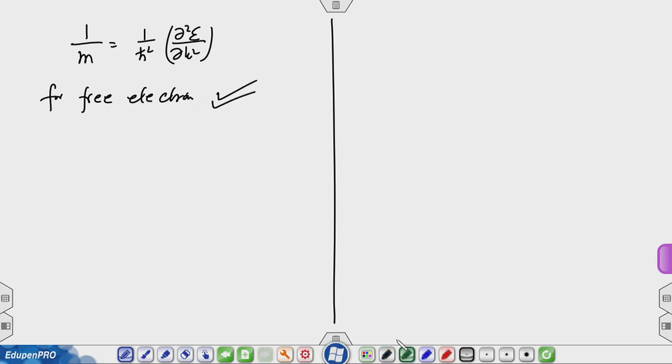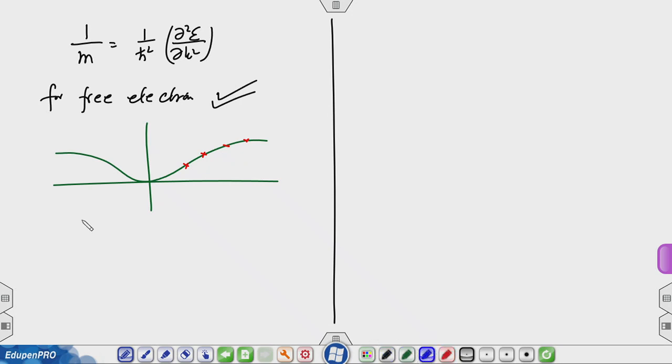And if I am talking about a band, then it will be different at different points, depending on the curvature of the energy versus k.